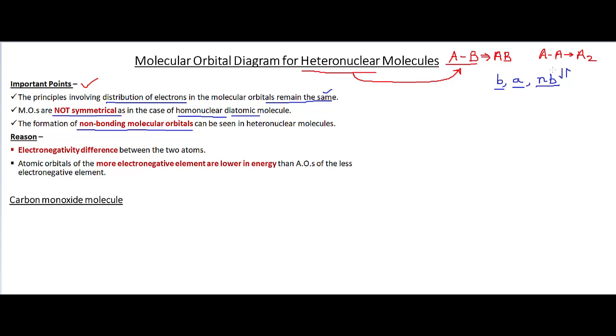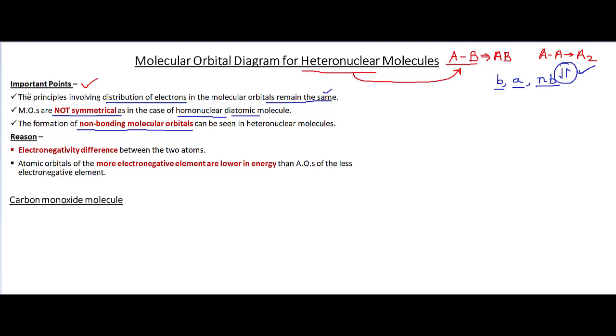The molecule remains indifferent to the addition or removal of an electron in that orbital. That is why it is known as non-bonding: no contribution towards bonding. Electrons are there in that orbital, but that doesn't contribute towards the bonding. How these non-bonding orbitals are formed, what their contribution is and how they are located, we will discuss when we draw the molecular orbital diagram.